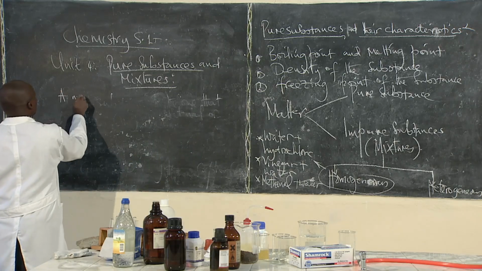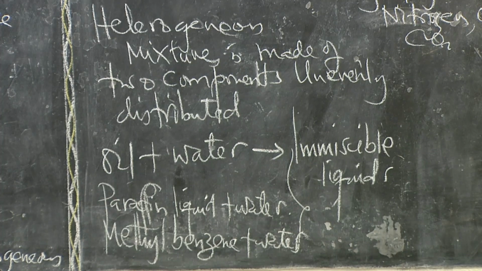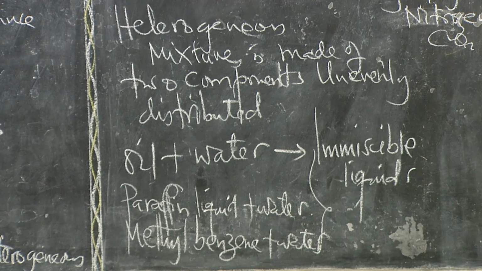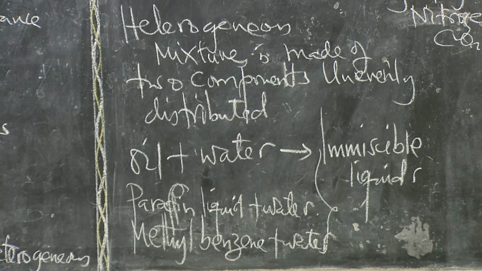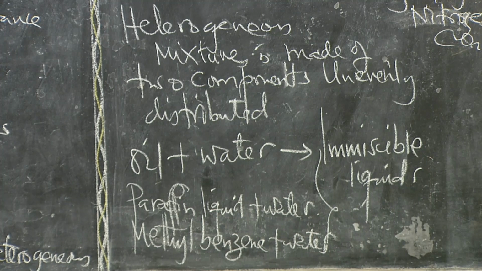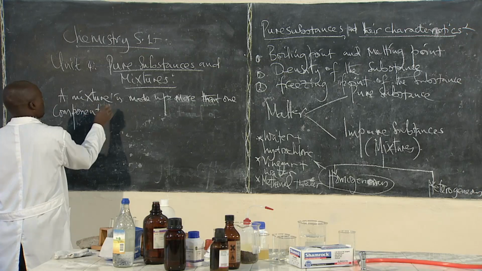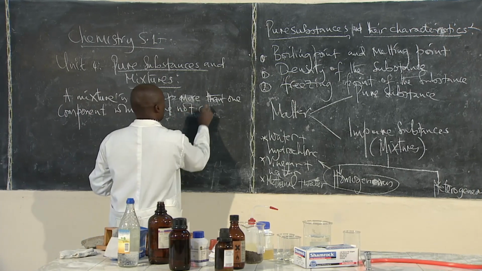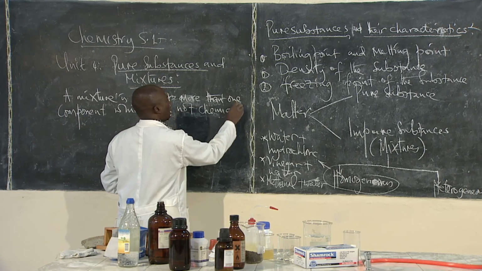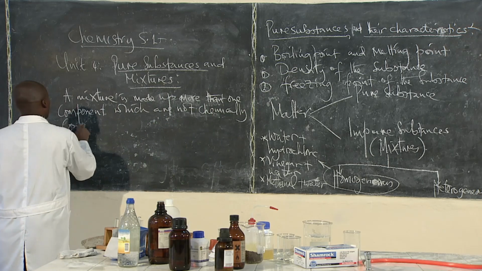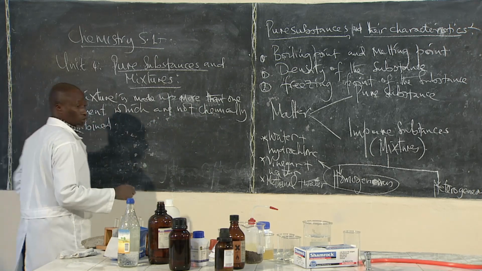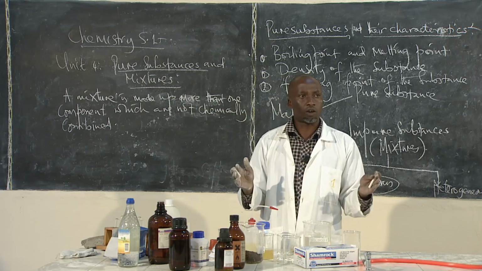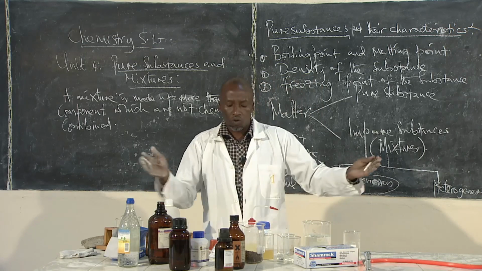A mixture is made up of more than one component, which are not chemically combined. They are not chemically combined. So they are physically combined. That is a mixture.